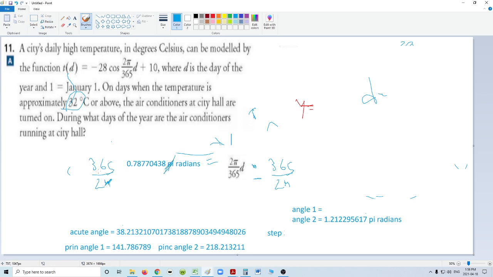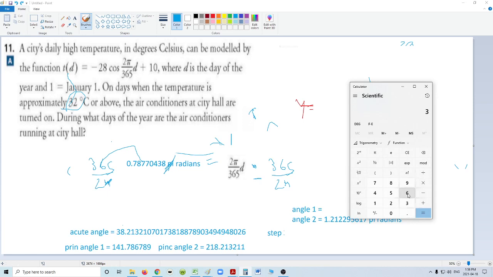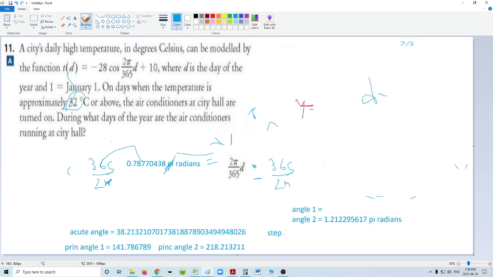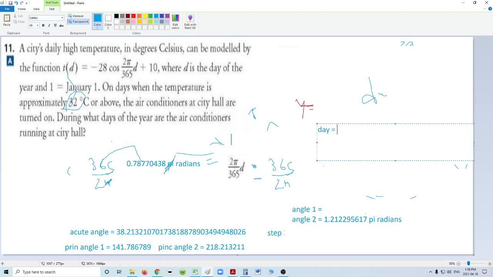Okay, so it's just a matter of this times that divided by that, or this divided by that times that. It doesn't matter what order you go in when you're multiplying and dividing. And the first day that we get is 143. So the day equals 143 when air conditioning is turned on.